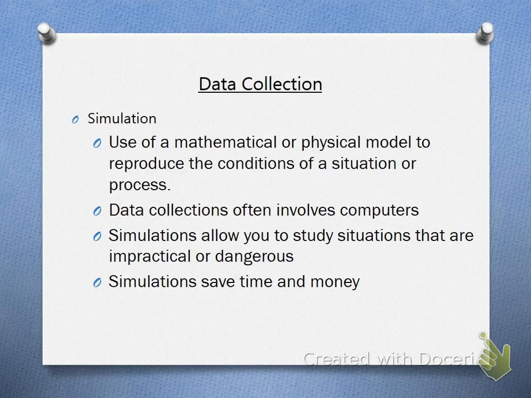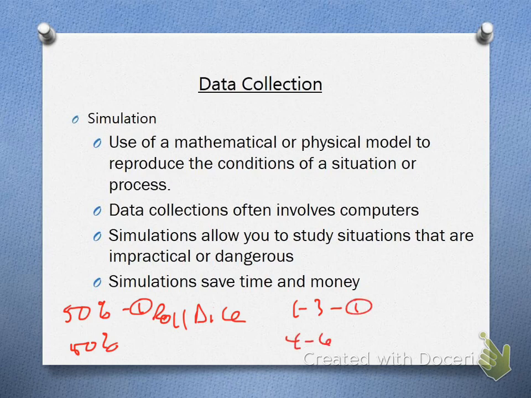And simulations are often used to help validate results of a different study as well, right? Something like if you were to perform a study and you found that 50% did one thing while the other half did the other thing, then you can actually set up dice and just roll dice and let 1 through 3 represent result number 1 and 4 through 6 represent result number 2, and start talking about if the results you got were because of random chance, right?